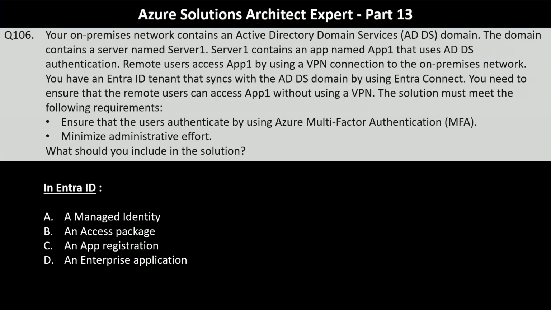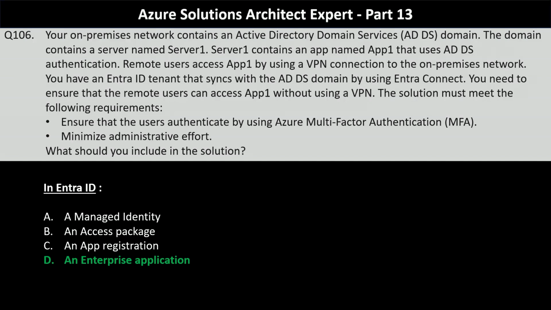The first part of the question is talking about Entra ID, and your options are a managed identity, an access package, an app registration, an enterprise application. Folks, by integrating App1 as an enterprise application in Entra ID, you can provide secure access to the app over the internet without requiring a VPN.